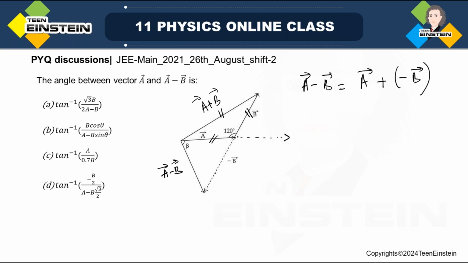First of all, this angle is 120. That means how much is this? This is 60 degree, isn't it? All right. Let me give some names here.